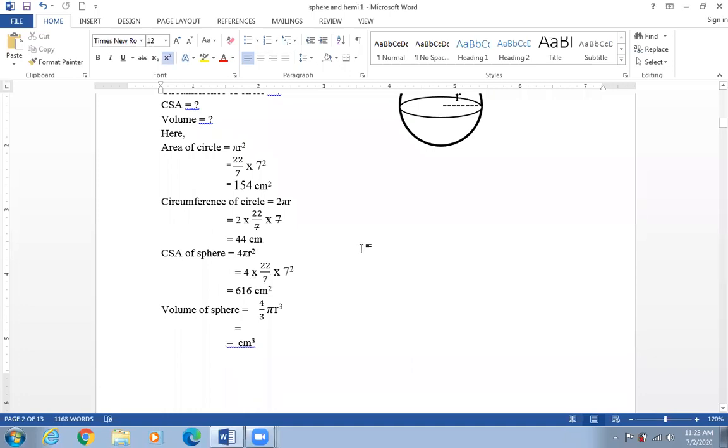The way you are calculating, I think that is a mistake, my dear. So type in the calculator in the same way: 4 into 22 divided by 7 into 7 square. Type in the same way, 4 into 22 by 7 into 7 square. How much?